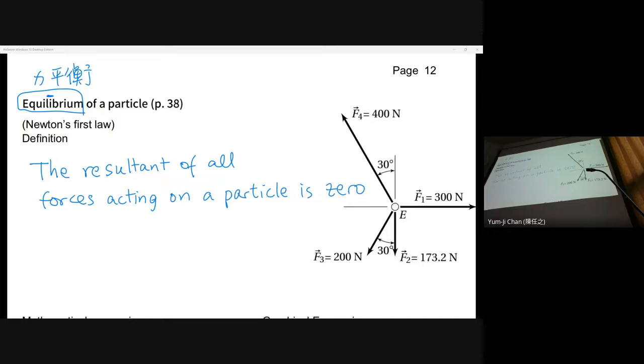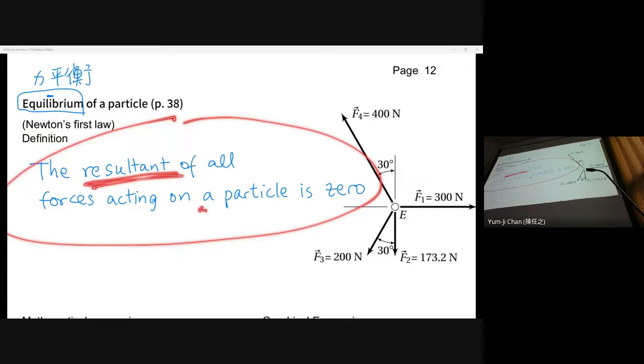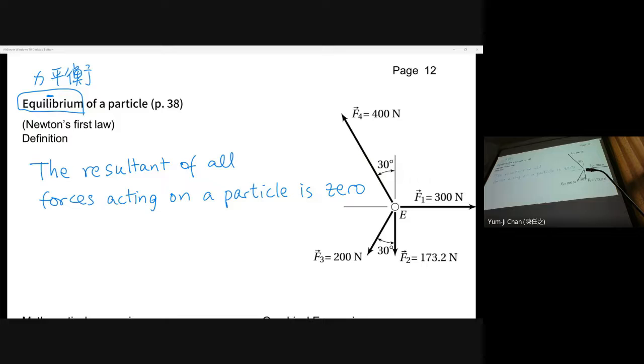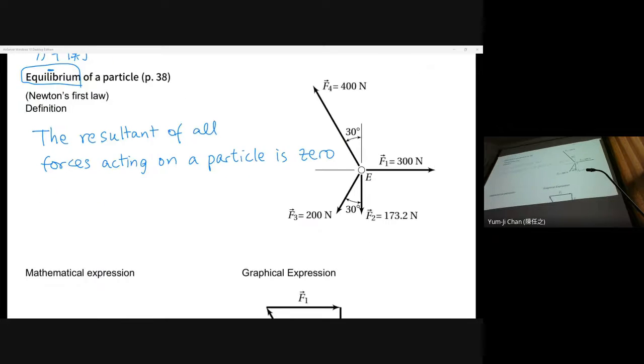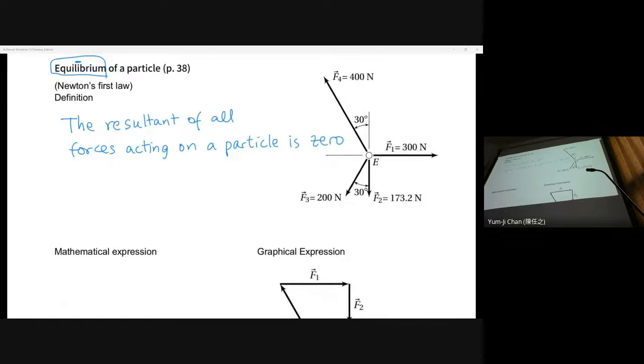I think there are no new words here, so resultants, the resultant force acting on a body. Now, the definition in the sentence is like this. Besides using words, we have mathematical expression or graphical expression.